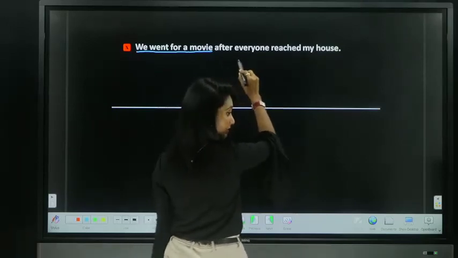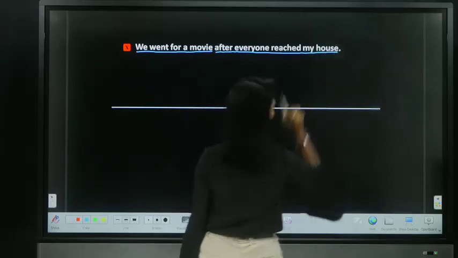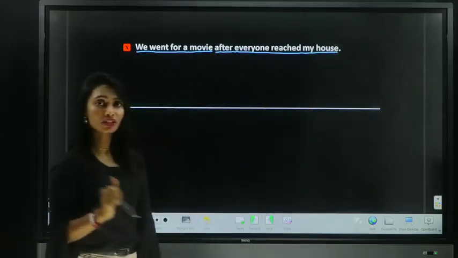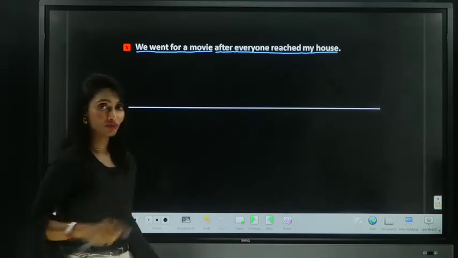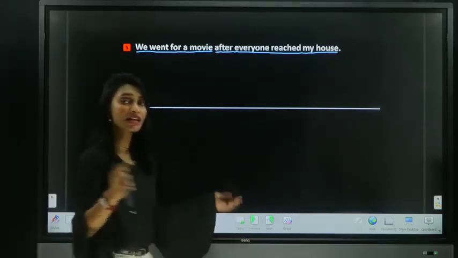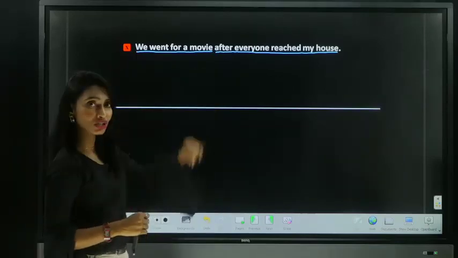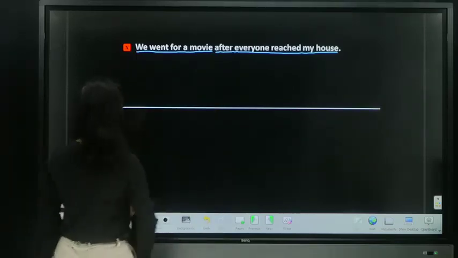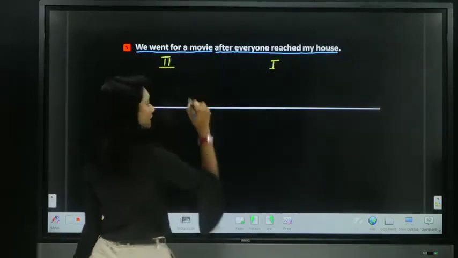Yes, Swapna, you're correct. After everyone reached my house is the second clause. Now, which is the first action? We went for a movie is the first action. Everyone reaching my house is the first action. So, first action, second action, both in past.